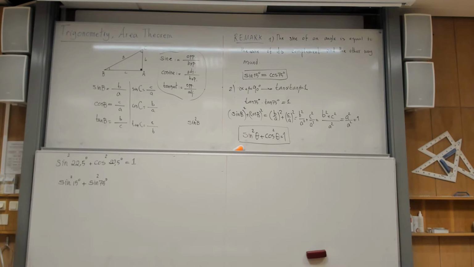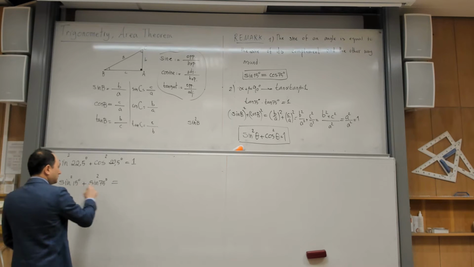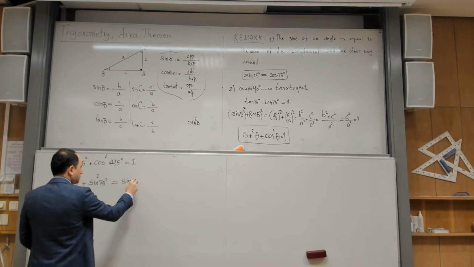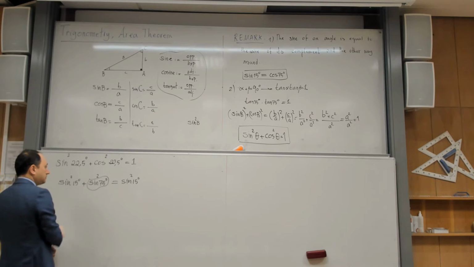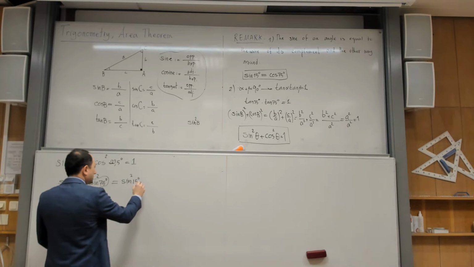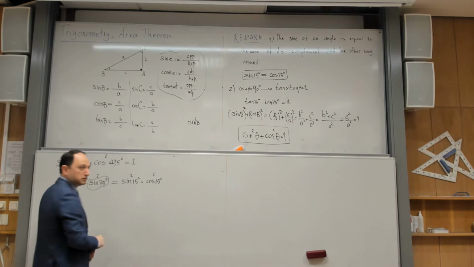Sine 15 can be written as cosine of 75. I do it the other way around, but that's correct. So I would write sine 15 squared, but instead of sine of 75, we just learned that I can write the cosine of its complement, which is 15 again.